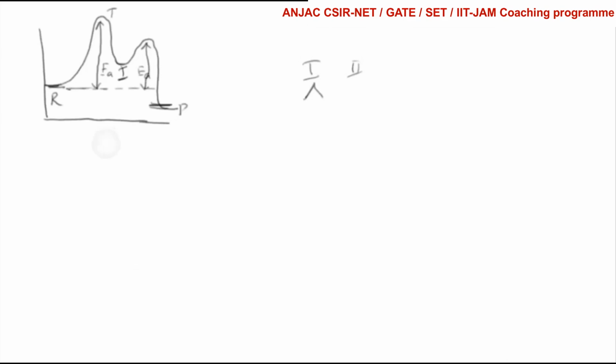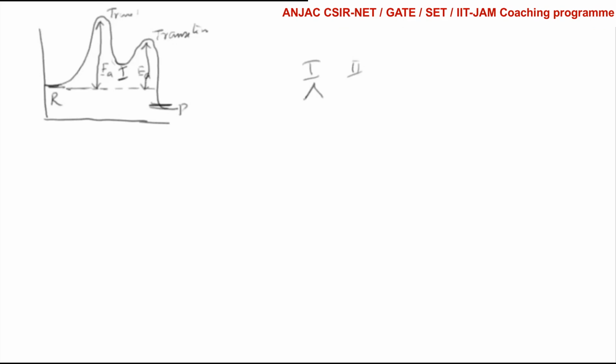This is transition state 1, this is transition state 2. Therefore, when two steps are there, there are two transition states or two activated complexes, and two peaks are obtained, and each peak corresponds to the maximum energy, or the threshold energy, required for carrying out that process.